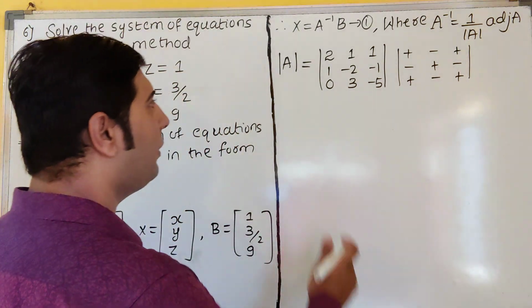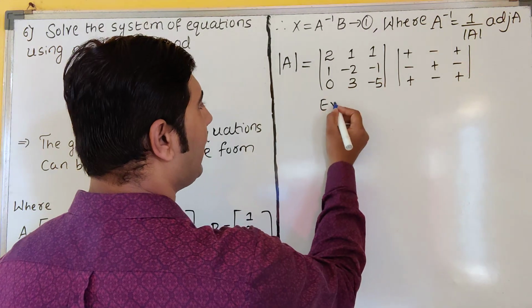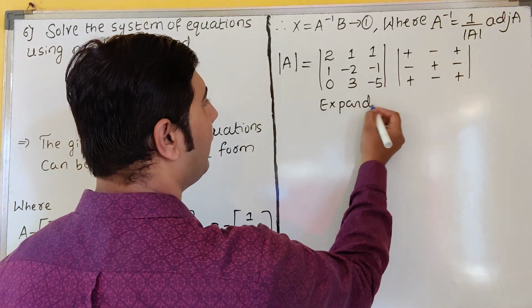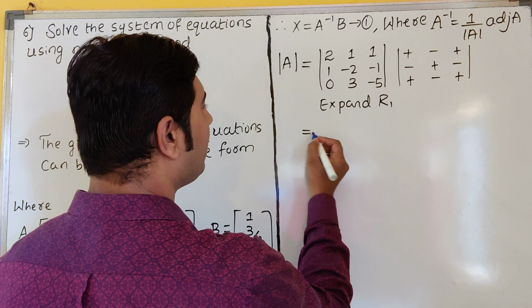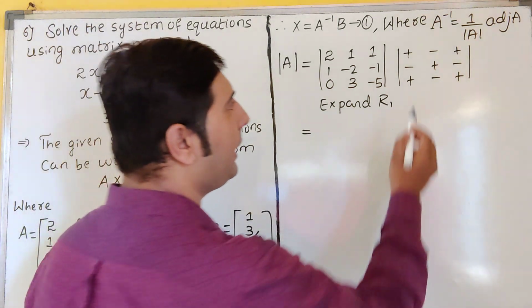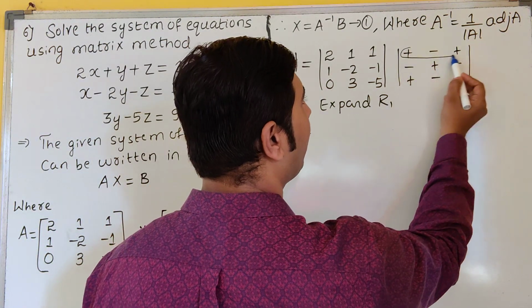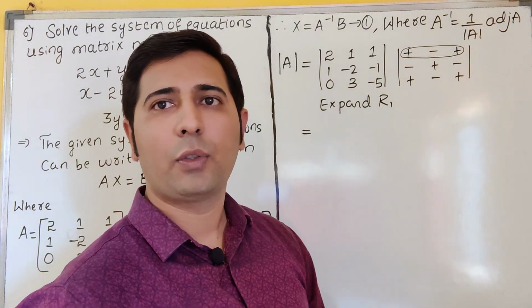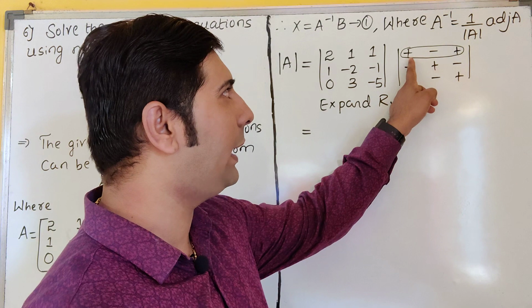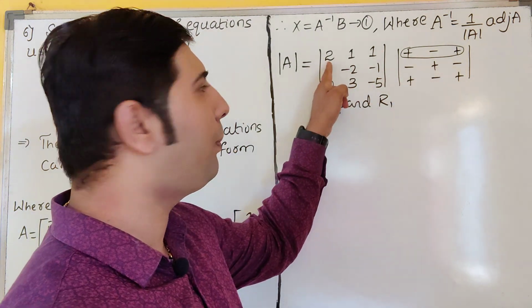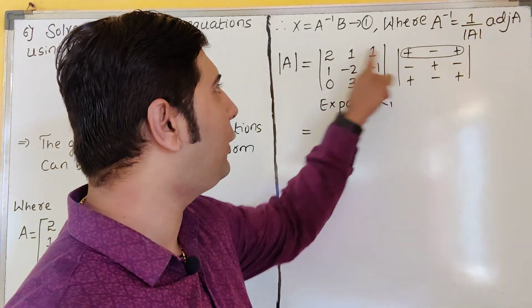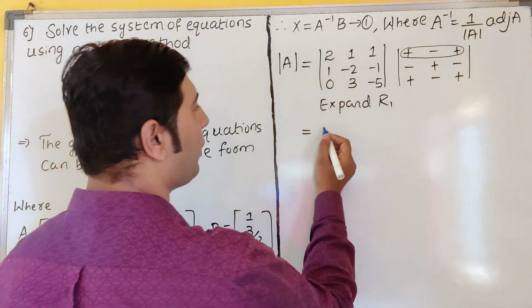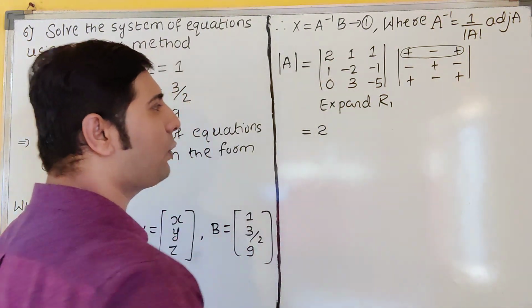Determinant A. So now I will expand here R1, dear students. R1 is this, row 1. So R1 I will expand now. See here. Plus into plus 2, plus into plus is plus only. So plus 2 we have written.